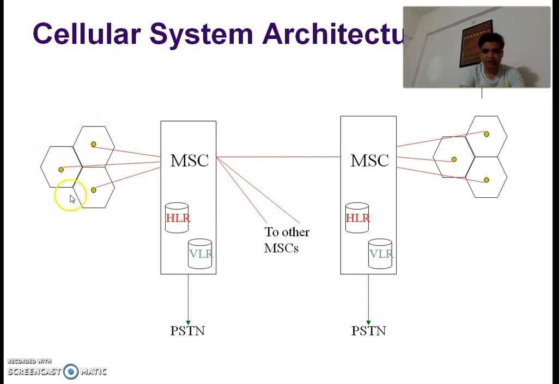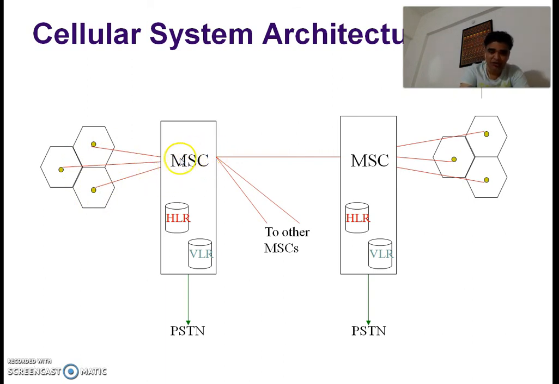This is a honeycomb, or the cellular network, the coverage area divided into hexagons. These are the base stations giving coverage in hexagon form, and these are connected to the MSC, the mobile switching center.